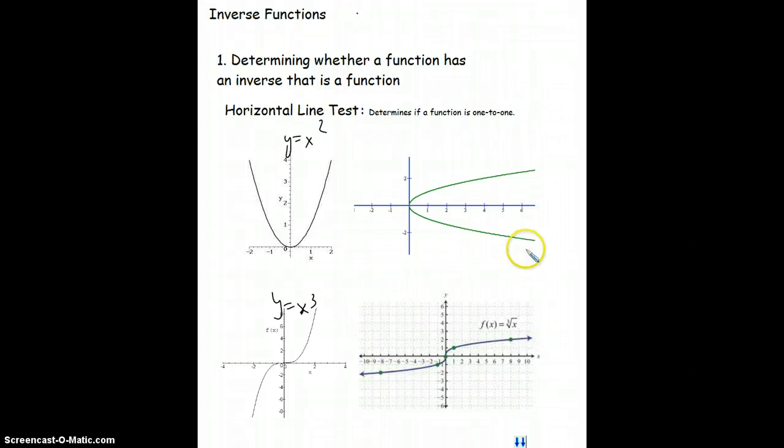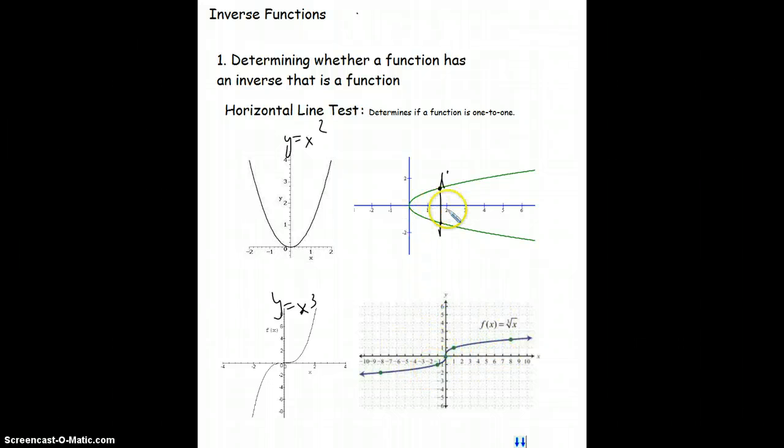What we noticed was that this inverse, because of the vertical line test, was not a function because it crossed twice, whereas the inverse of x cubed was a function because it does pass the vertical line test.